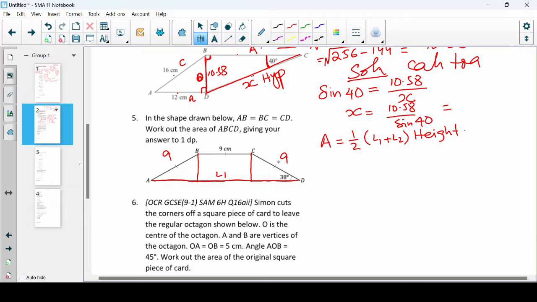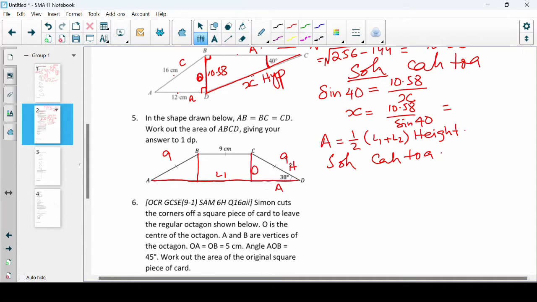Now we have one side and one angle given, so we can always find the other ones using the trigonometric functions, right? Here we need to find the hypotenuse, adjacent, and opposite.